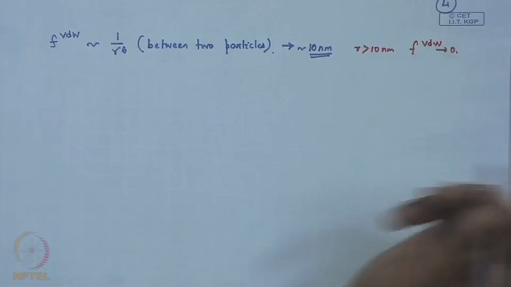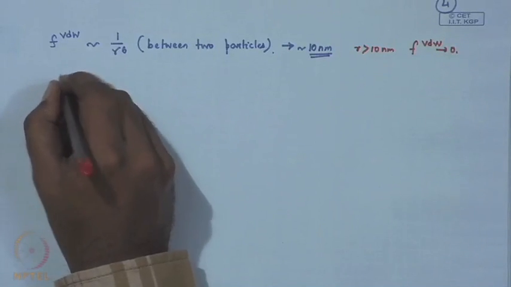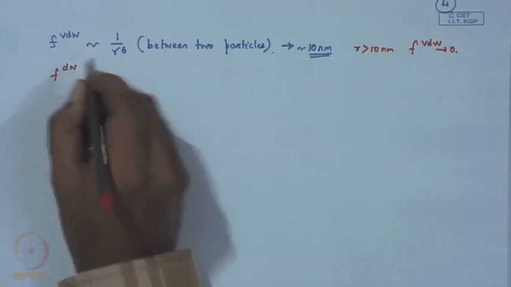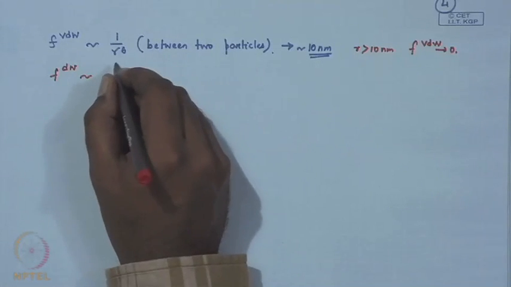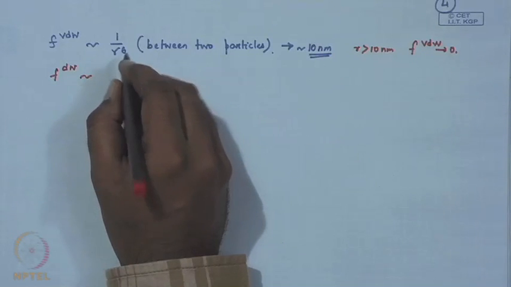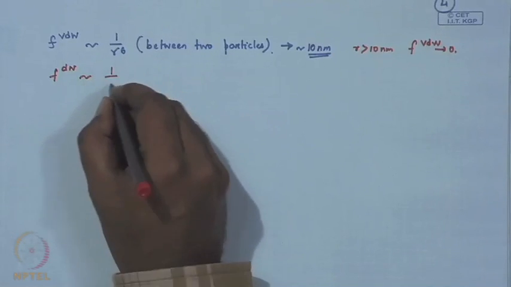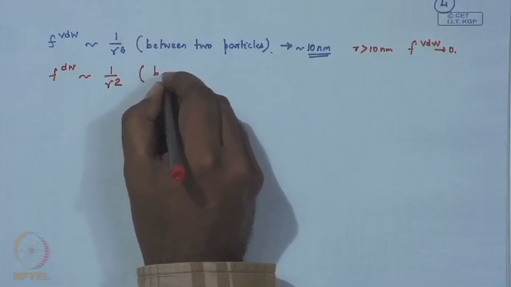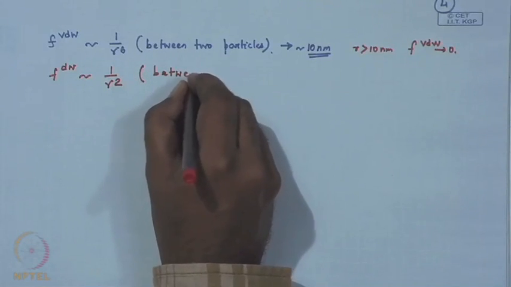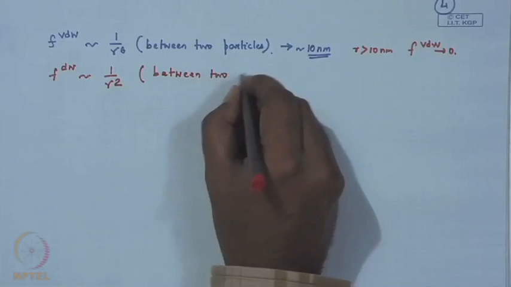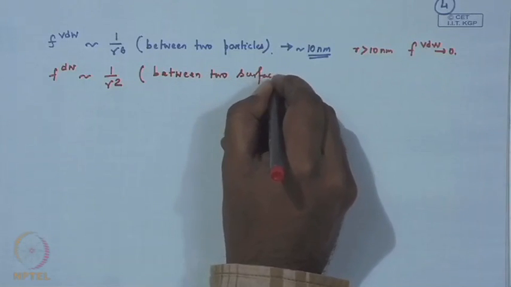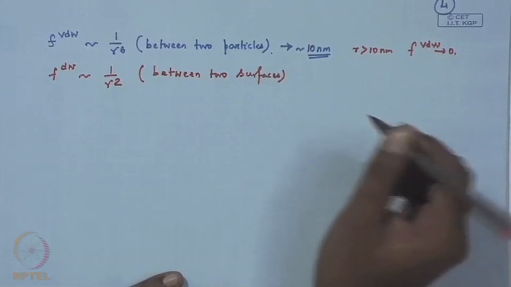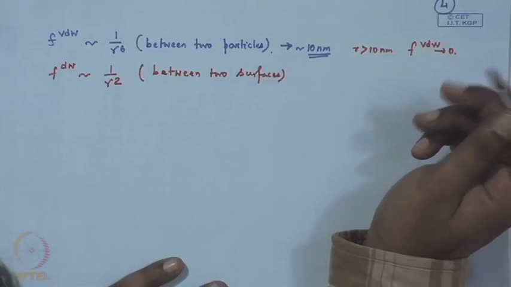tends to 0. The other thing you need to understand at this moment, and we will take up the derivation after a couple of classes, is that this same force scales as 1 by r square between two surfaces. How r square comes from r to the power minus 6, we will show.